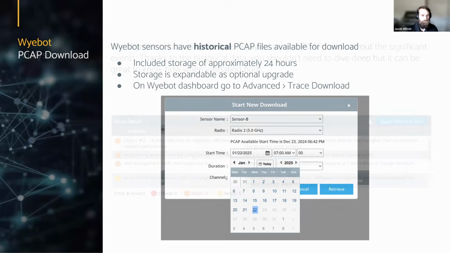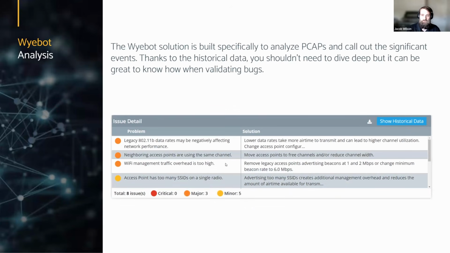Okay. And then one other thing to say, while we're talking about our technology, and we'll get back into the Wireshark stuff in just a second. What's nice about the YBot approach is we analyze the PCAPs and we call out the significant events within them. So that might be, as you can see in this screenshot, an AP with legacy data rates, or the management overhead on the channel is too high.